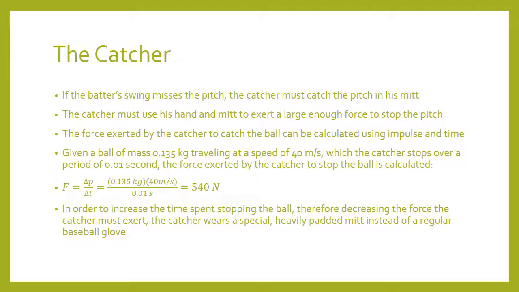So, in order to decrease the force that the catcher has to exert by increasing the period of time that the ball stops, the catcher wears a special heavily padded mitt instead of a regular baseball glove, and that saves him some wear and tear on his hand as he is catching those hard pitch balls all game long.